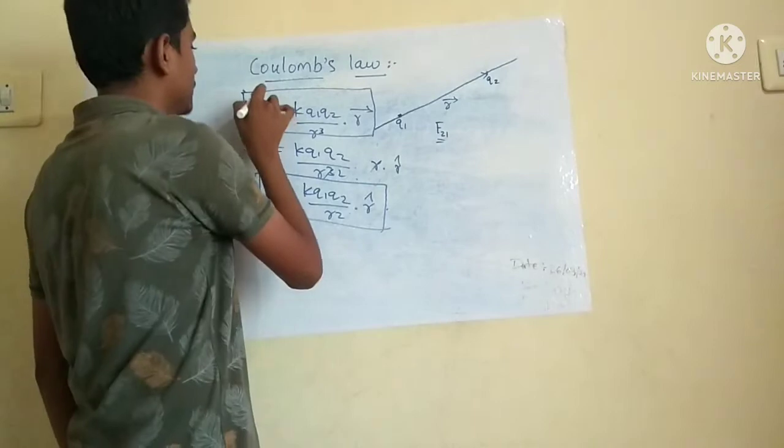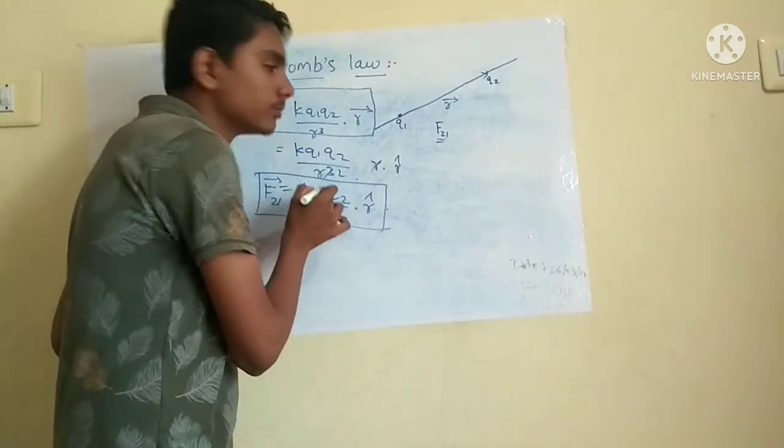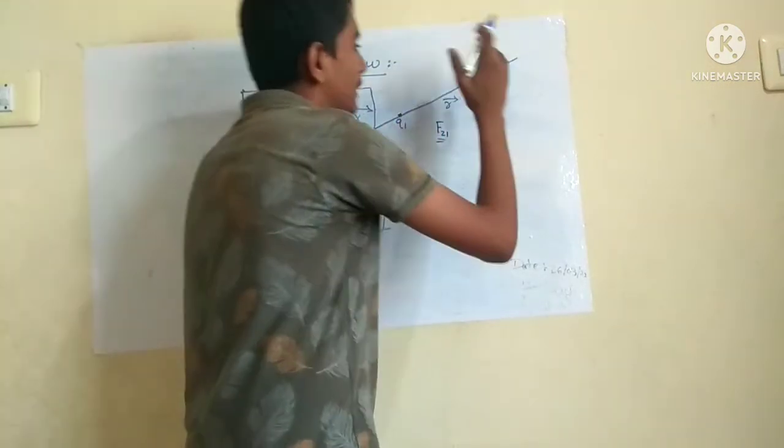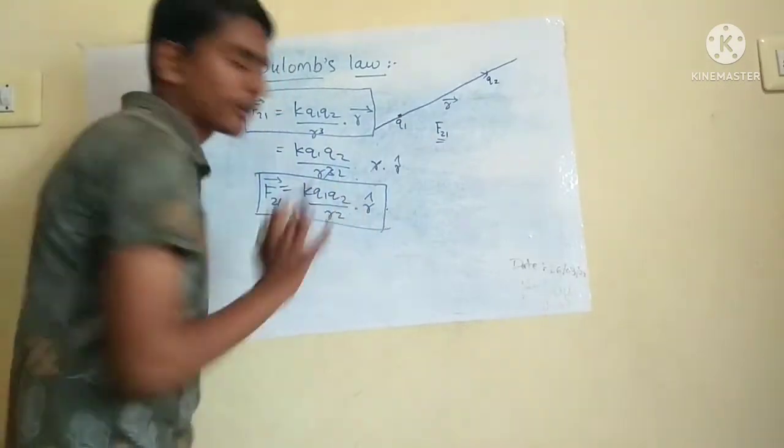Here also vector should come. Now this is the magnitude of force which is experienced by q2 due to q1 along the direction of r vector.